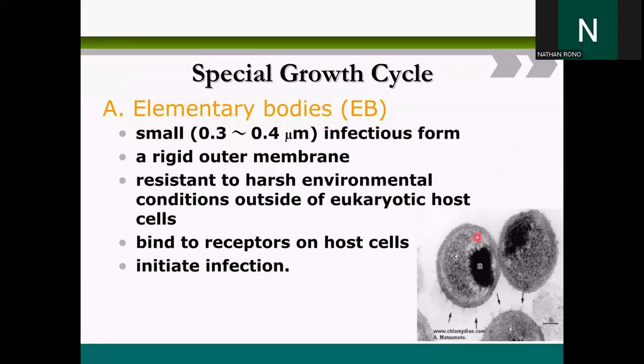Can you see this? It has a rigid outer membrane. And since it is an infectious form, it has to be resistant to harsh environmental conditions outside of eukaryotic host cells. They bind to receptors on host cells and initiate the infection. So remember that the elementary body is the infectious form, so it has to be resistant to this harsh environment.